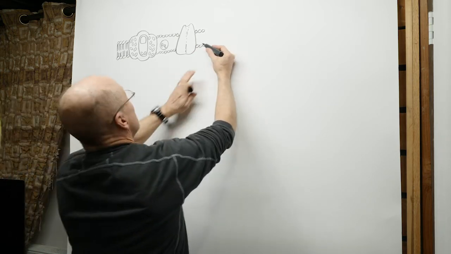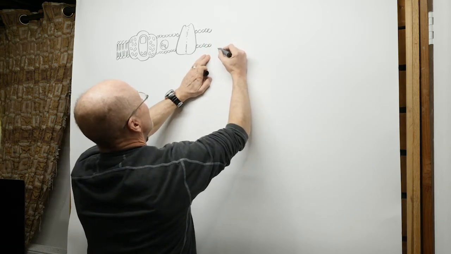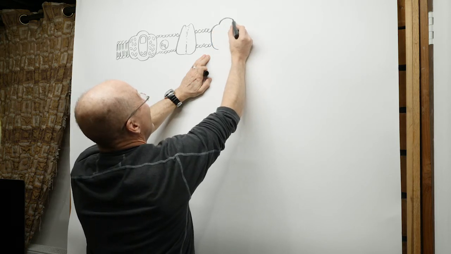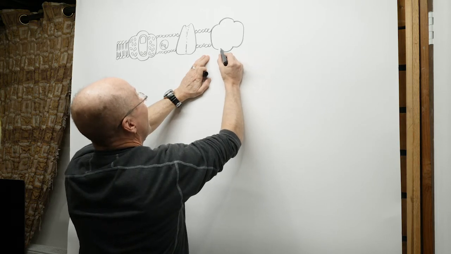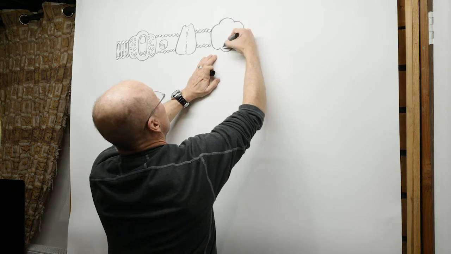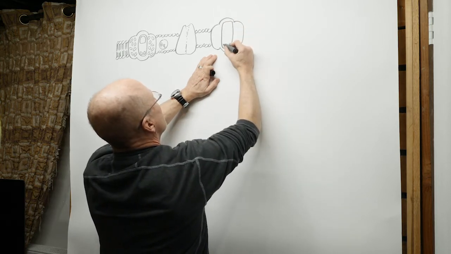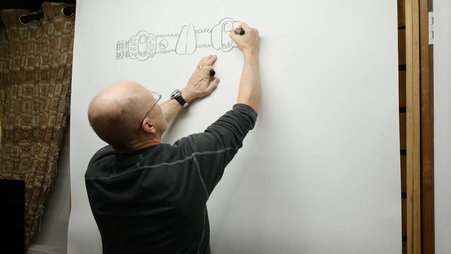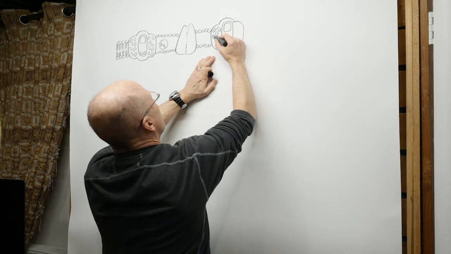And another photosystem. There's that. Draw just like I did before. Reaction center chlorophylls. Acceptor. Little chubs.